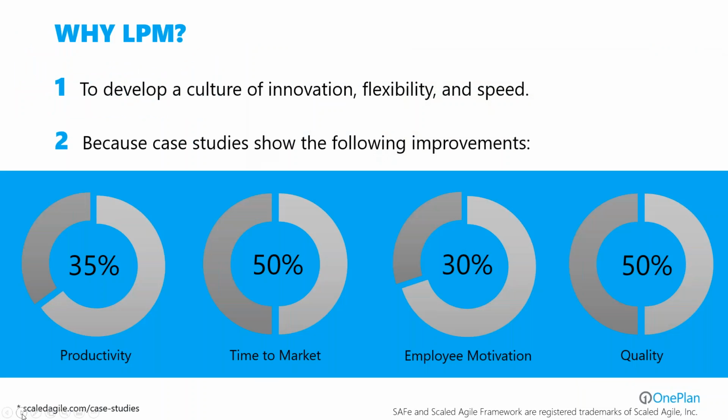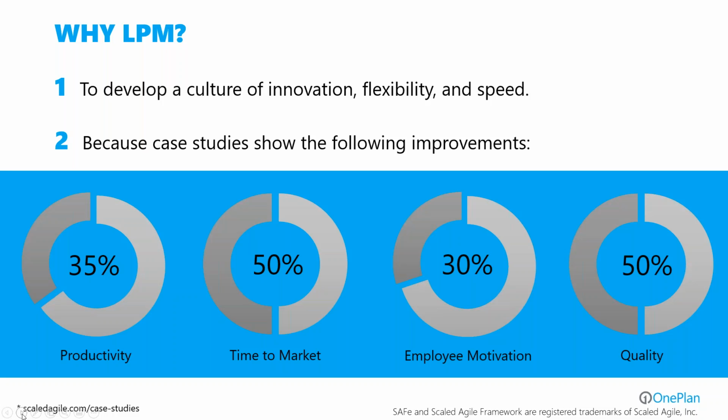Why am I suggesting Lean Portfolio Management is a useful tool to look at? Fundamentally, it's intended to develop a culture of innovation, flexibility, and speed. So there's a good starting point.